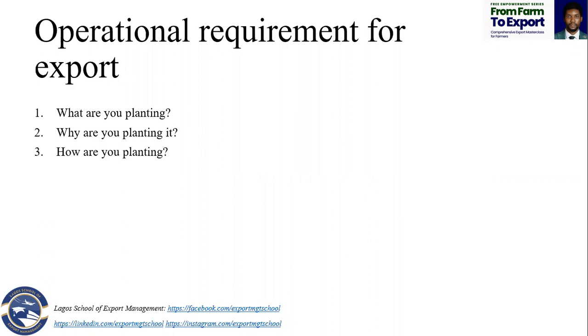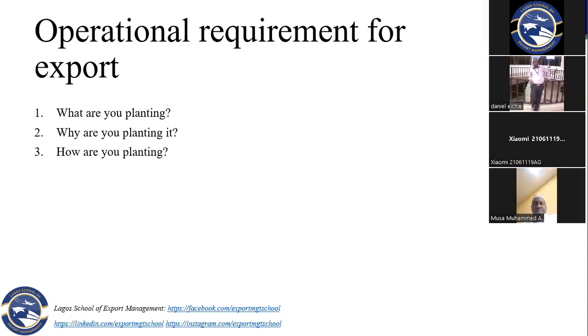So, for instance, is what you're planting on the soil? Are you using a soilless mechanism on your farm for the vegetables, maybe even for your potatoes? Because for some of these crops, it's not a must you put them into the soil. So all these factors, you need to understand them.